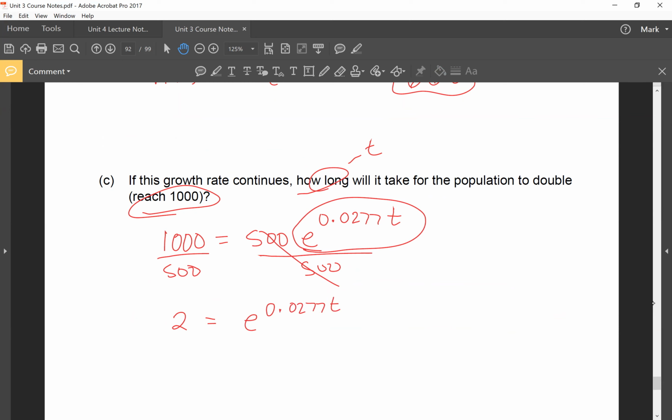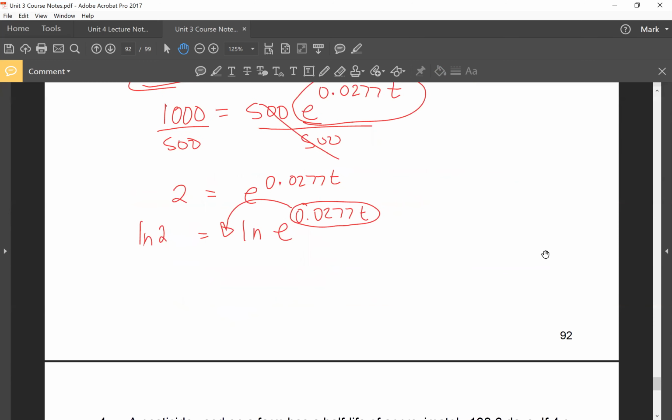0.0277t. I'm going to take the natural logarithm of both sides. So ln 2 equals ln e to the 0.0277t. Now my exponent will come down front. I'm going to do this one a little slower for you, a little differently than the book shows. So you end up getting ln 2 equals 0.0277t times ln e.